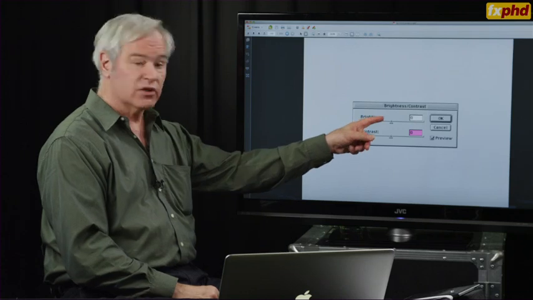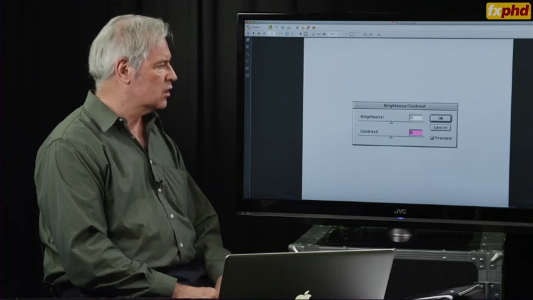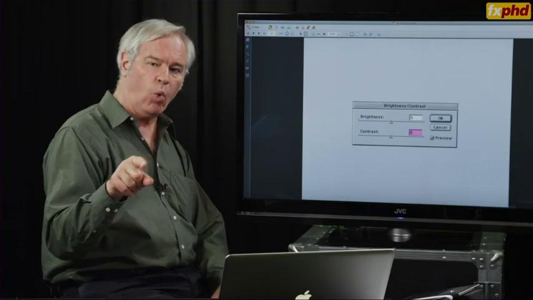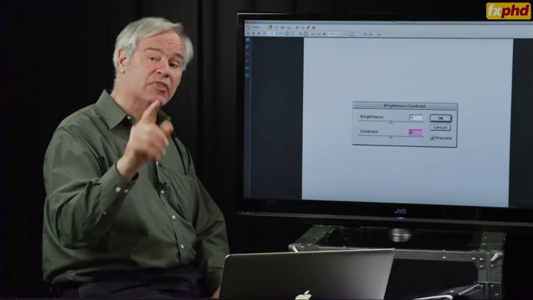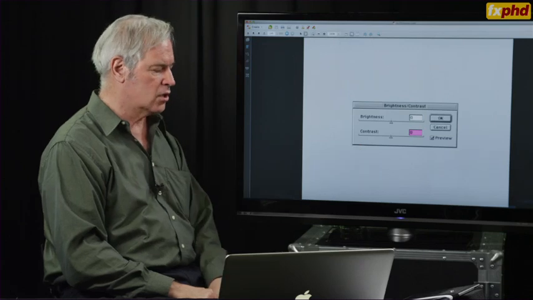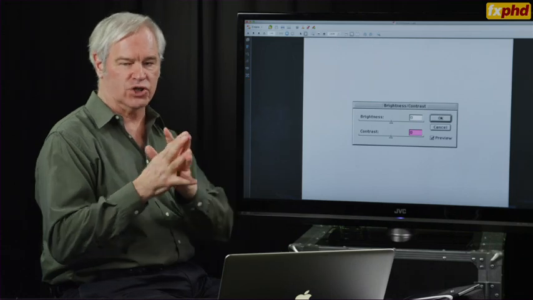Now, brightness is just the little b of y equals mx plus b, and contrast is just the m of y equals mx plus b. But the brightness and contrast values in these numeric input fields are scaled according to Photoshop numbers.